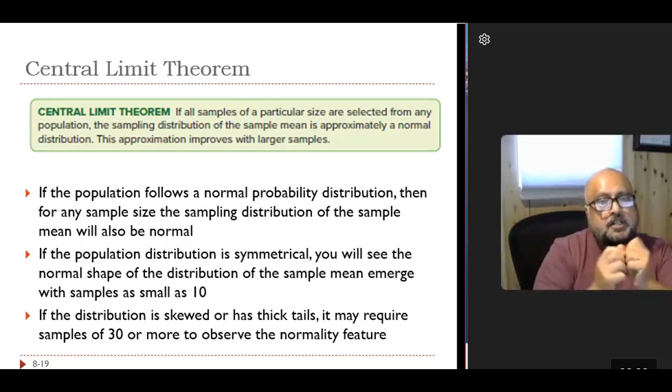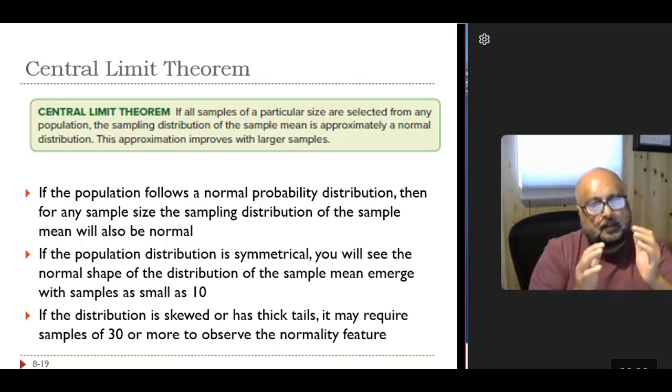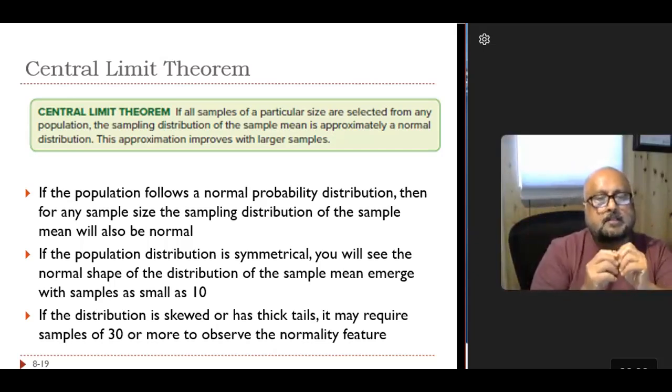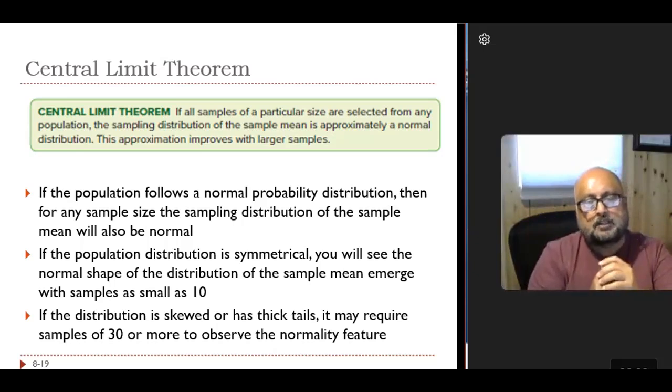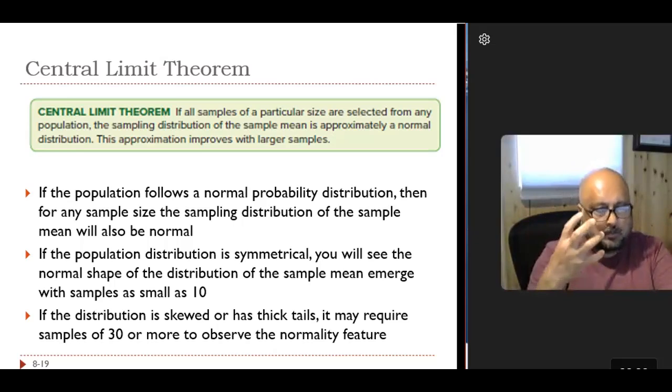However, if a population is not normally distributed, then you need a bigger sample to see the normal distribution. The minimum sample size should be 30 to observe the shape looking like a normally distributed bell-shaped curve.